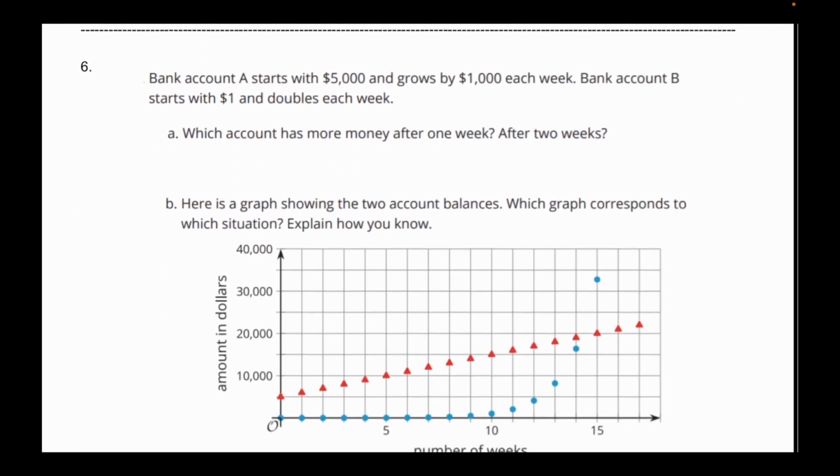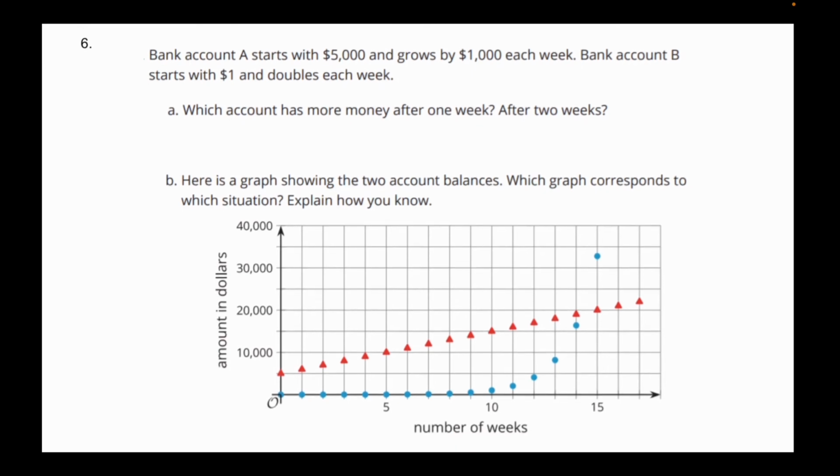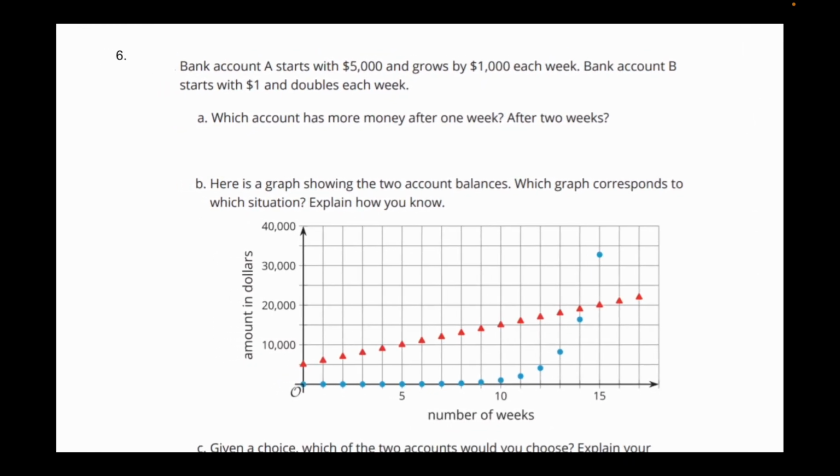Now we're on to some review questions. So bank account A starts with $5,000 and grows by $1,000 each week. And bank account B starts with $1 and doubles each week. So which account has more money after 1 week and after 2 weeks? Well, they're actually giving us a graph down below.